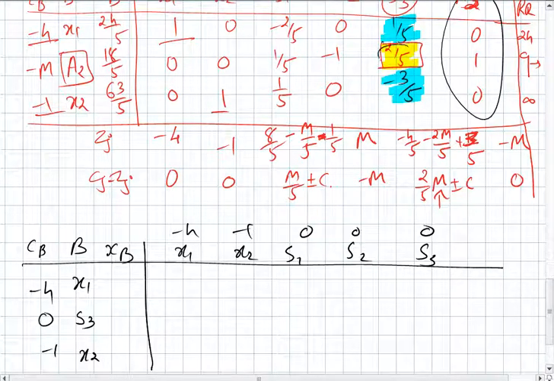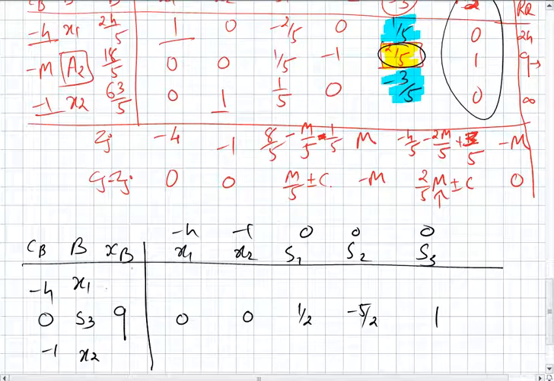Now to make this entry 1, we have to divide everything by 2 by 5. So here it will be 9. Here it will be 0, 0, 1 by 2, minus 5 by 2, 1. To make this entry 0, we have to multiply this by 1 by 5 and subtract here.